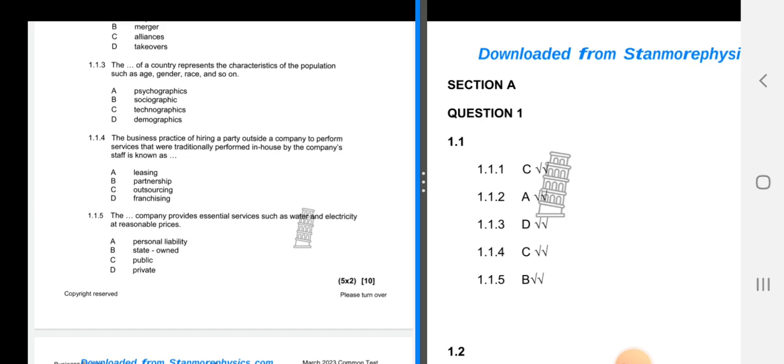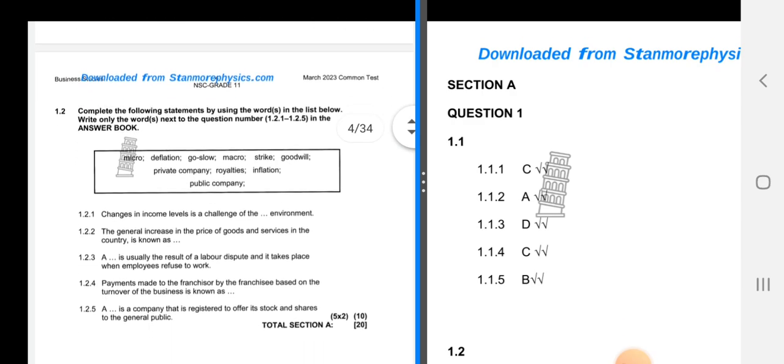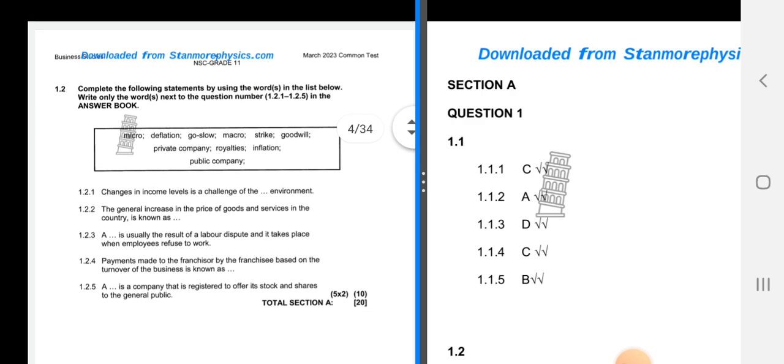But yeah, so 1.1.5 is the company provides essential service such as water and electricity at a reasonable price that is state owned. The state owned companies are the ones that provide electricity, as we know, ESCOM. So 1.2 says complete the following statements by using the words in the list below.